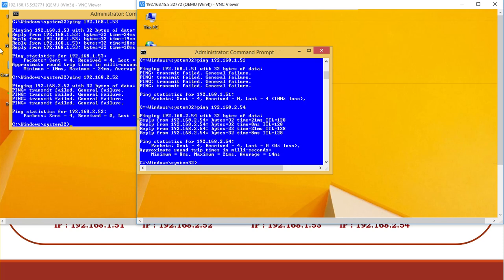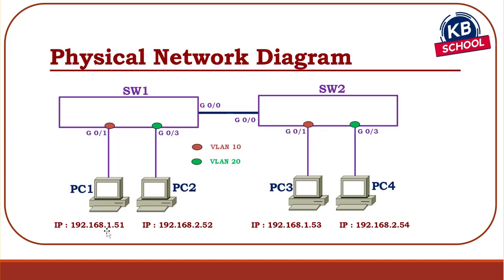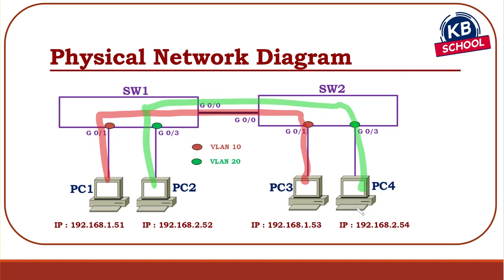Let's do the same thing for the other. Actually, this I did. PC1 ping PC3, PC2 ping PC4. So that is communicating. So that test has been validated for me. So right now, what I pinged was PC1 over here pinged this guy over here, and PC2 pinged this guy over here.